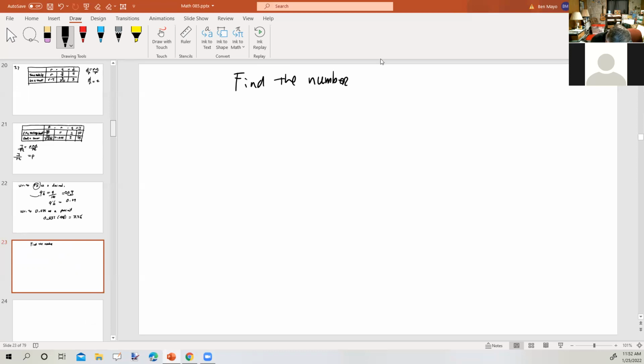How about if we call it x? If a number is added to the numerator of 5/7 and twice as much is subtracted from the denominator, the result is 8. Everybody okay with how I did that equation?